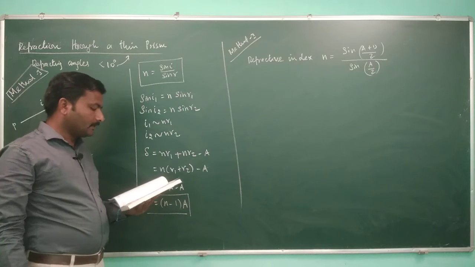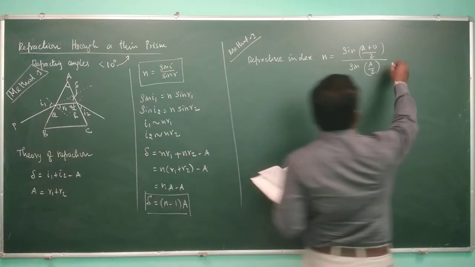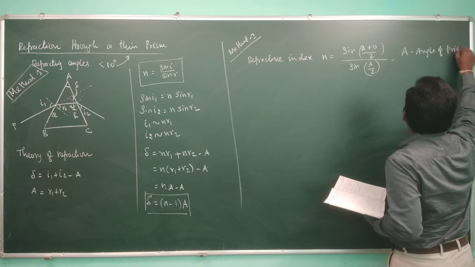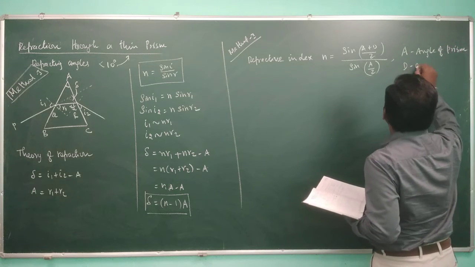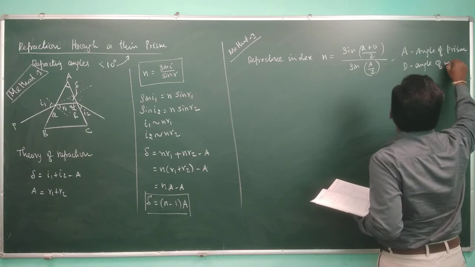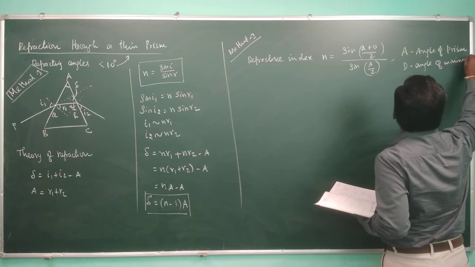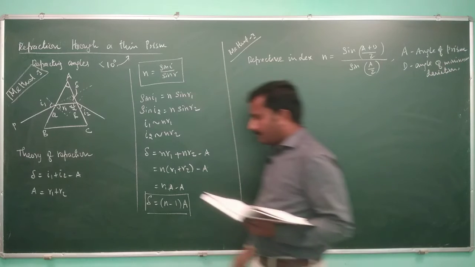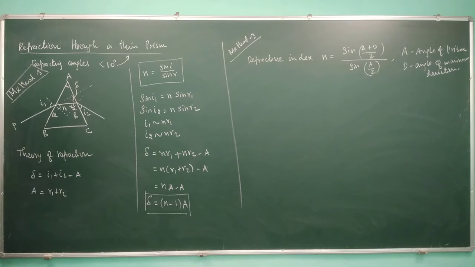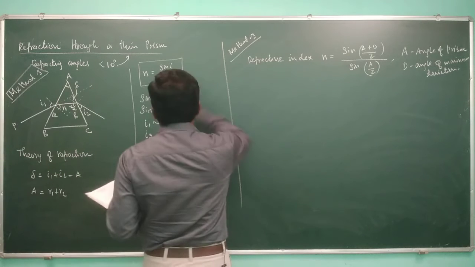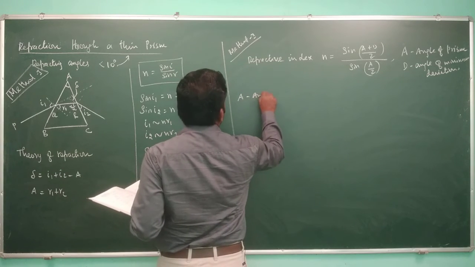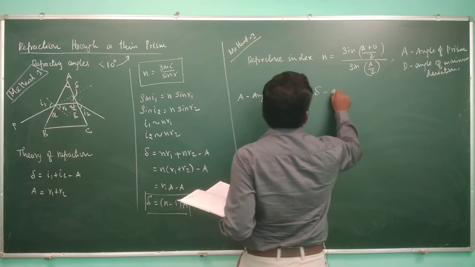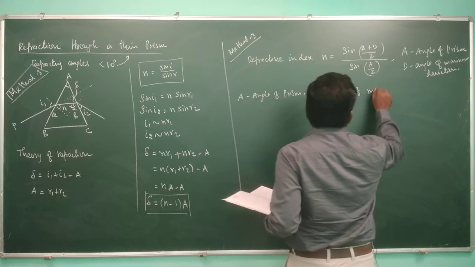Here A is the angle of the prism, while D is the angle of minimum deviation. Now, let us assume in our case A is the angle of prism, delta is the angle of minimum deviation.